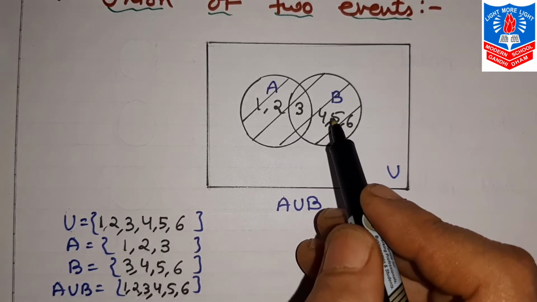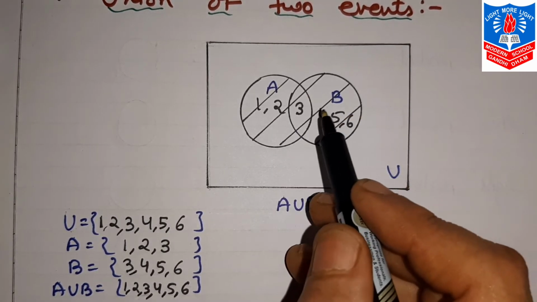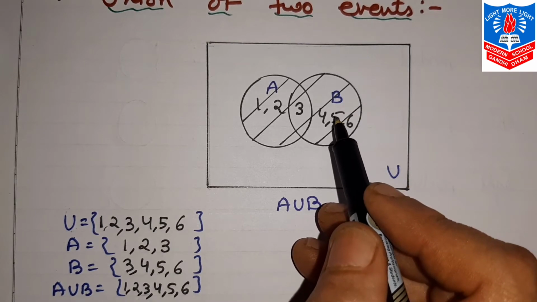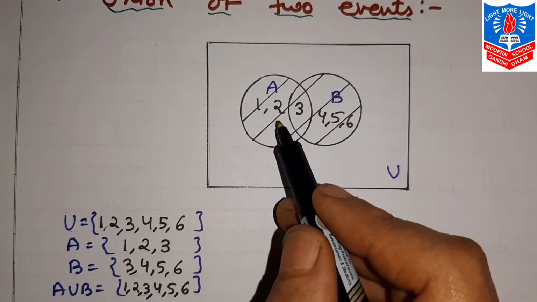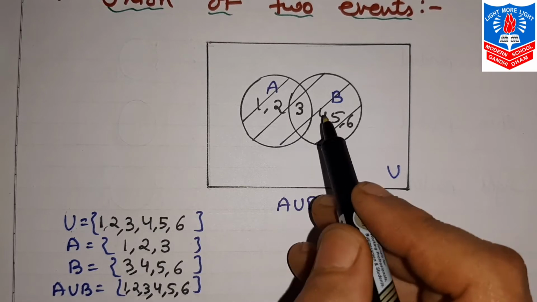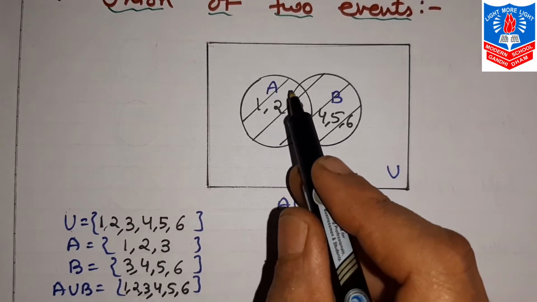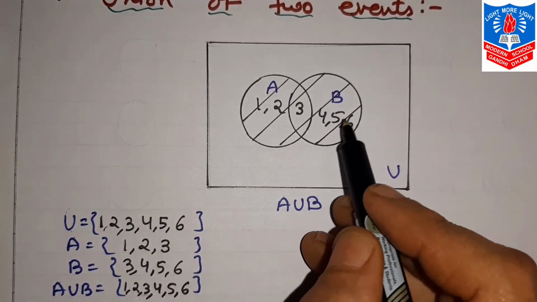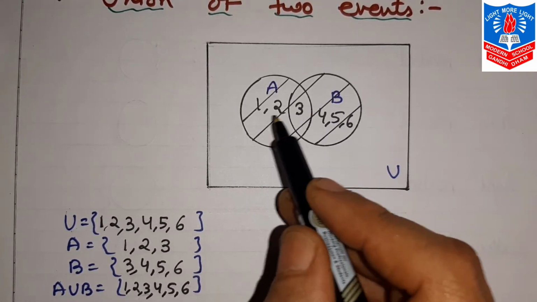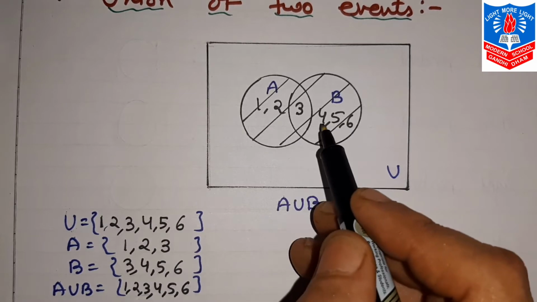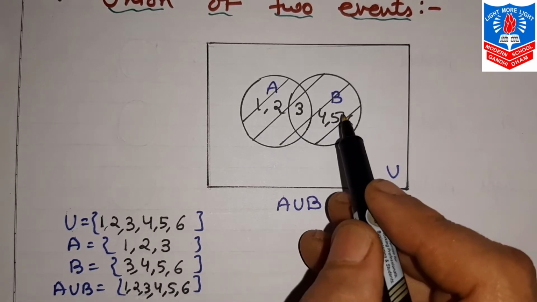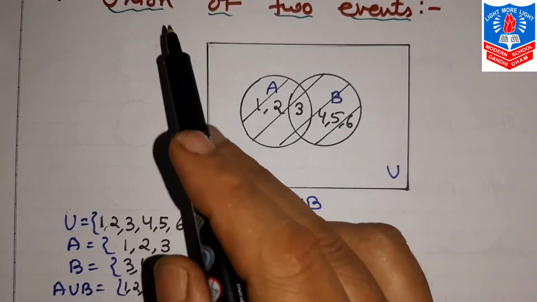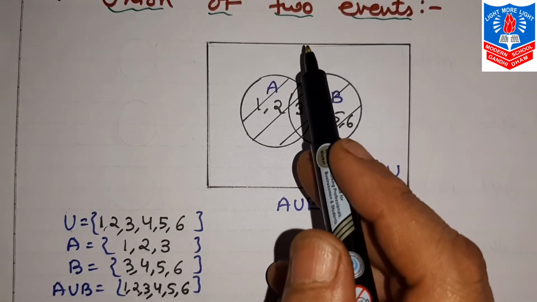Event B is that the same boy plays hockey. Now here, the union is that he plays cricket, that is event A, or he plays hockey, or that same boy plays both the games, cricket as well as hockey. That is the union of two events.